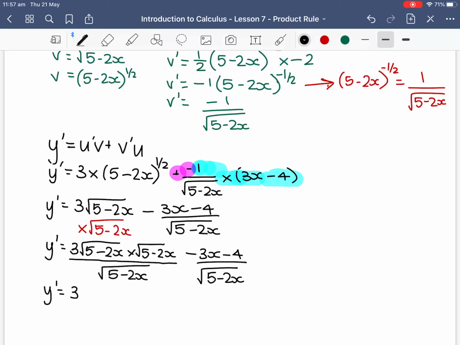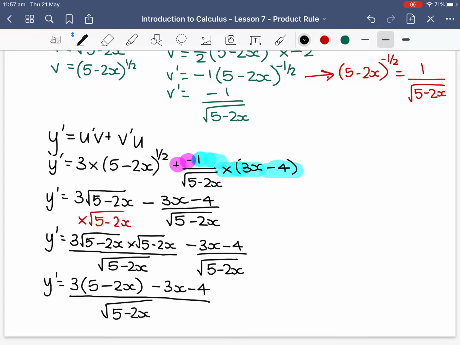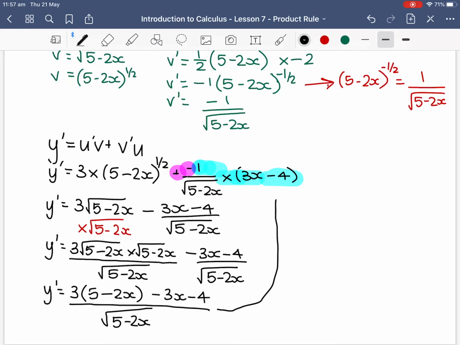So then y dash equals 3 times root 5 minus 2x times root 5 minus 2x is just root 5 minus 2x all squared. So that actually cancels out the square root. So we just are left with 5 minus 2x minus our 3x minus 4 all over our denominator of 5 minus 2x. And I've run out of room, so I'm just going to come up here.